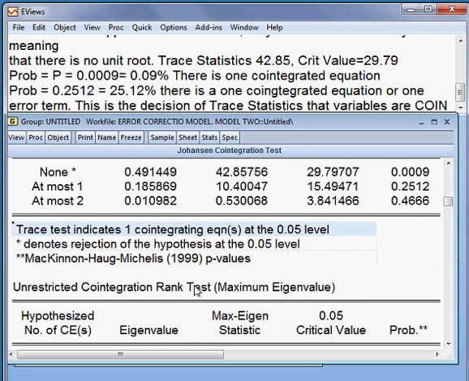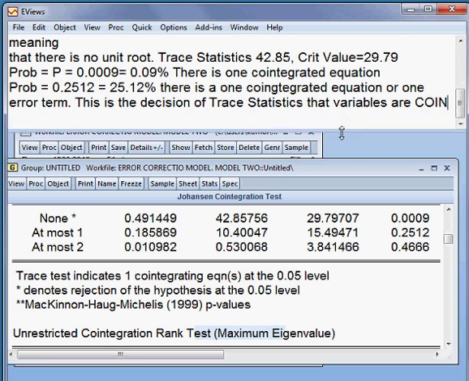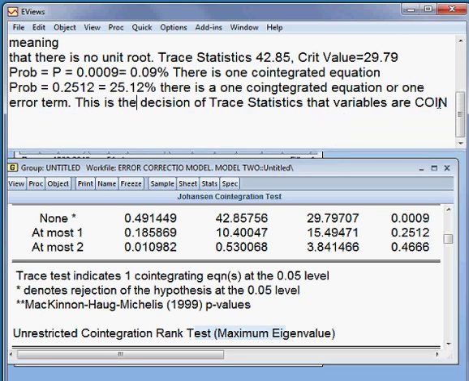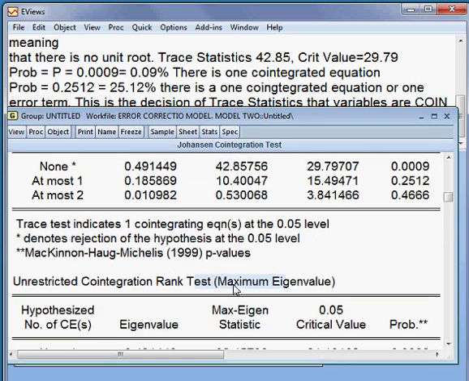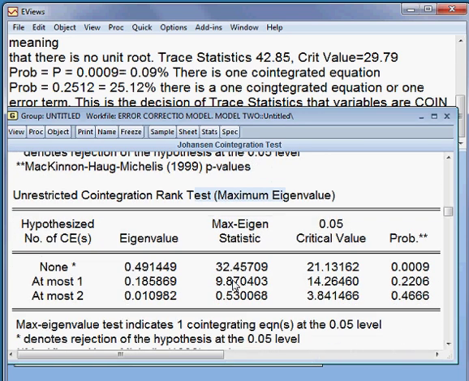Okay, so now that we check the second equation, the maximum eigenvalue test. That is the second decision rule. What is that? That is called the maximum eigenvalue test, right? So what is the decision of this test? We can see from here, it is the null hypothesis, right?